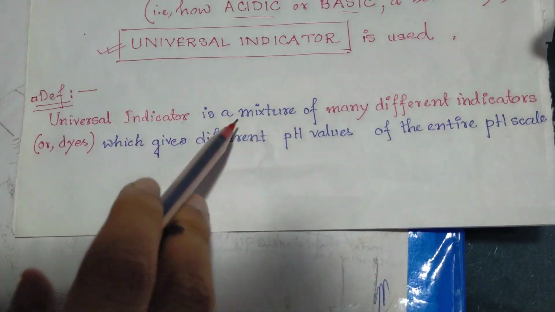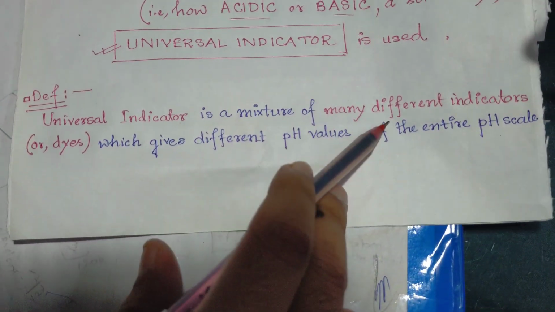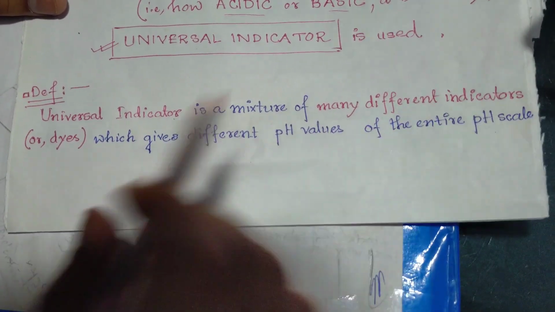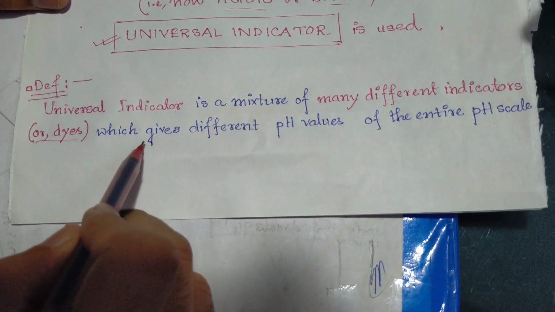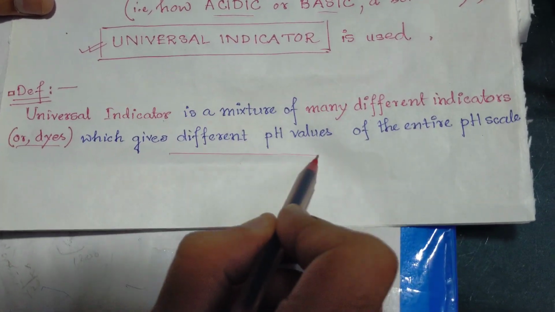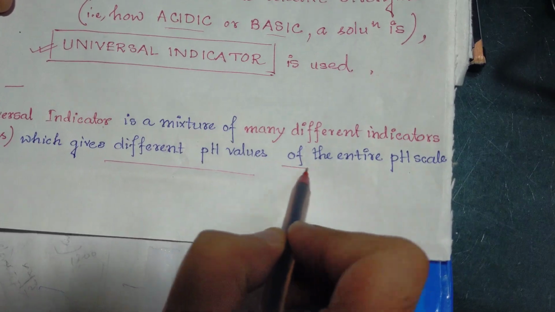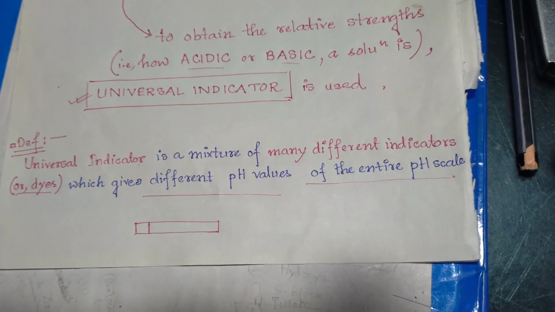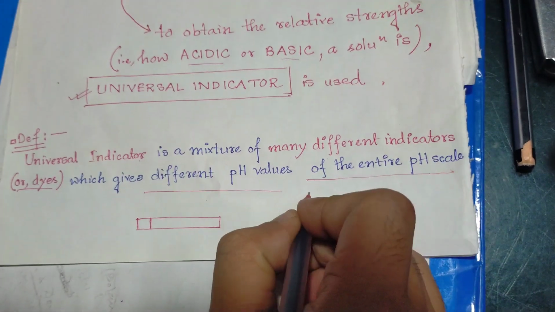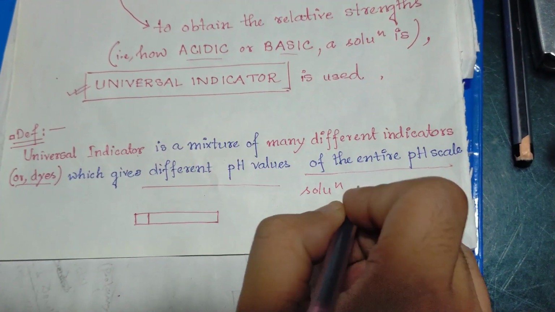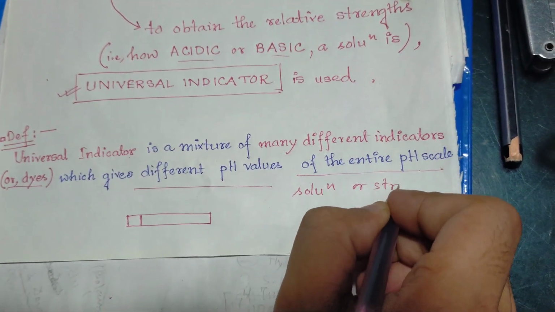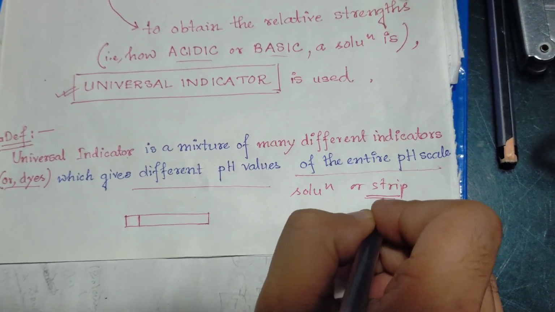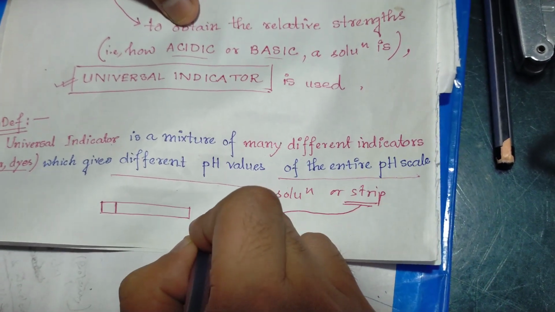Universal indicator is a mixture of many different indicators or dyes which gives different colors at different pH values of the entire pH scale. Universal indicator may be a solution or a strip of paper which looks like this.